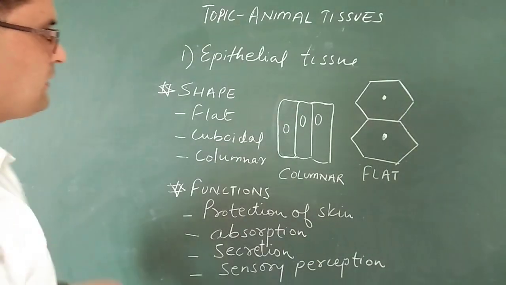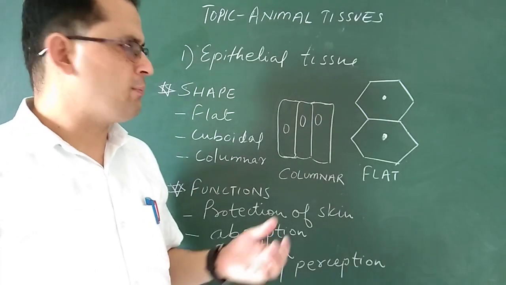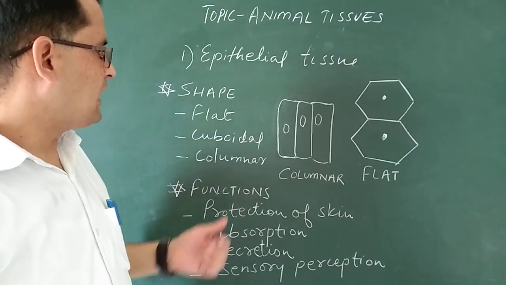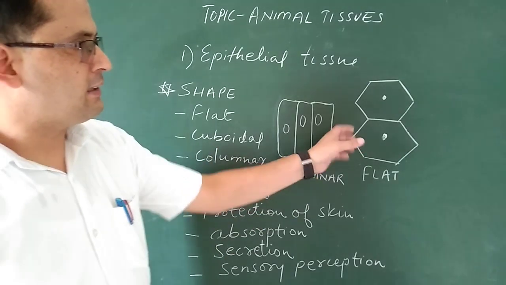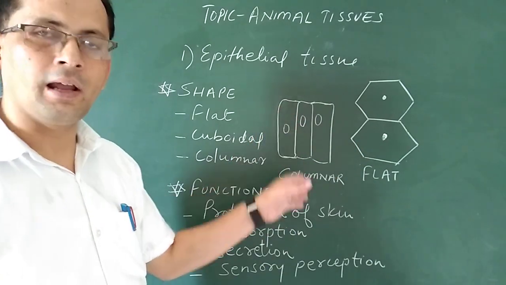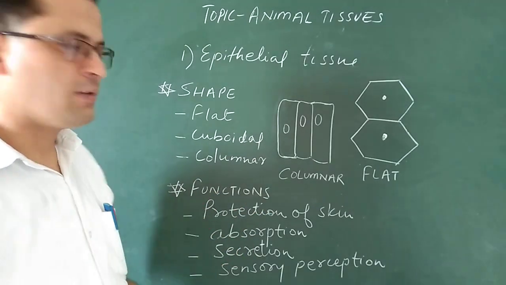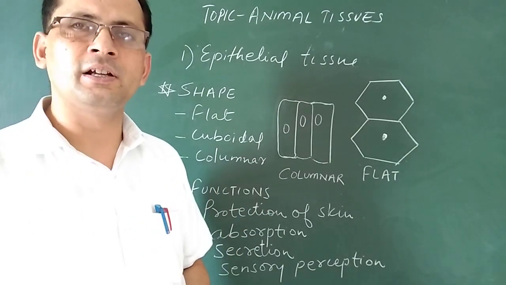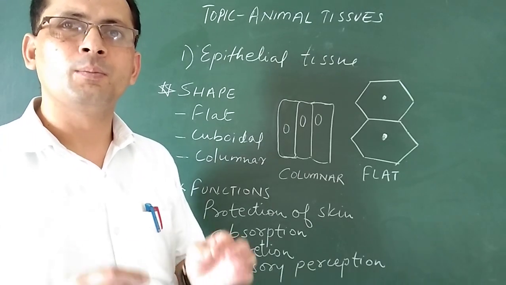Now you can see the shape of the epithelial cells: it may be flat, cuboidal or columnar. So the cells can be flat shaped, then column shaped. Now, when we talk about the functions of epithelial tissue, as I told you, its major function is protection.